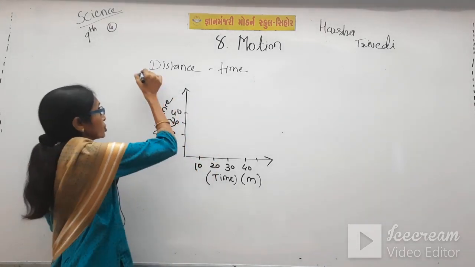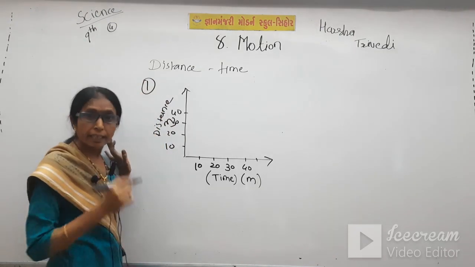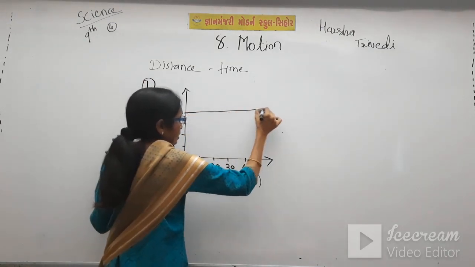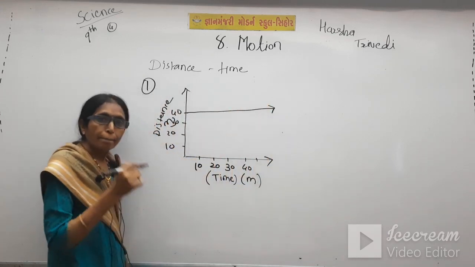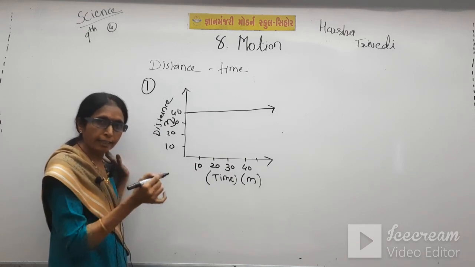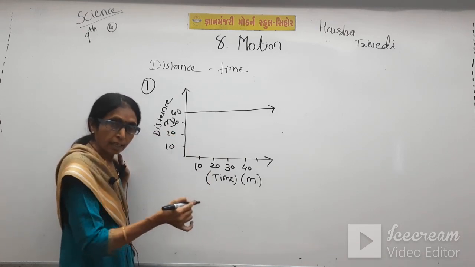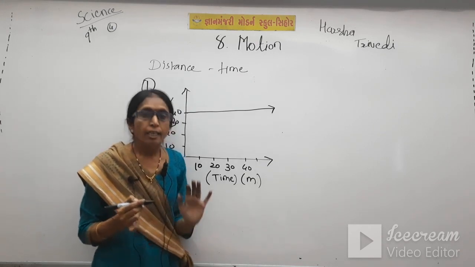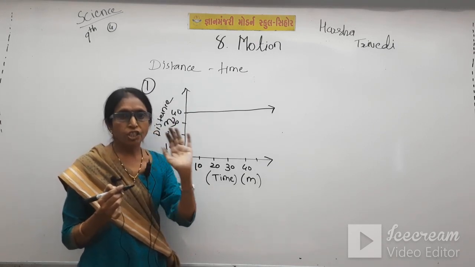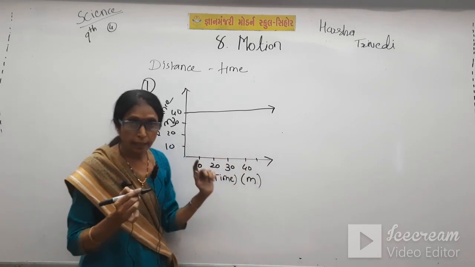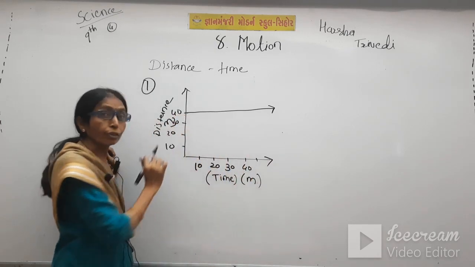In that, the first one: if the graph is a straight line parallel to the x-axis, if the situation is like this, then what does it indicate? It indicates that the object is stationary, because the time passes but the object shows only 40 meters.